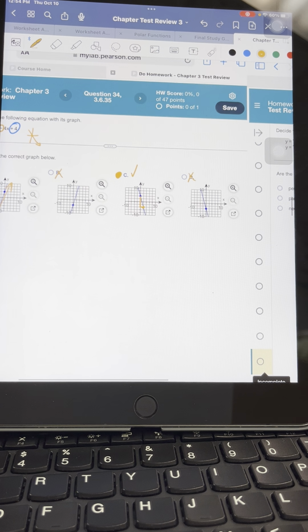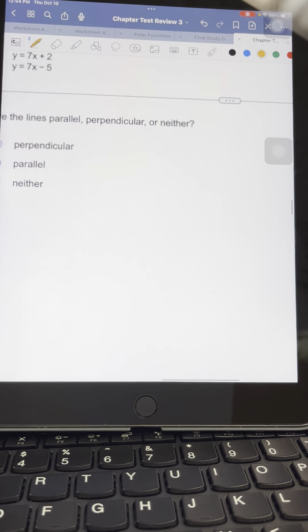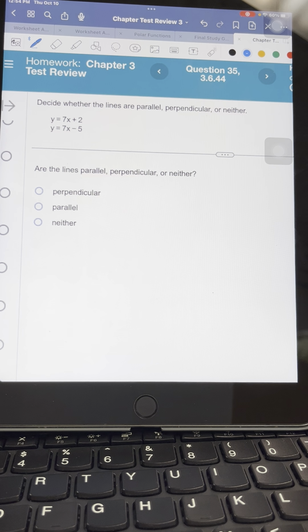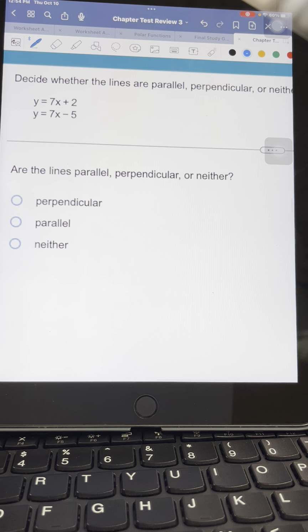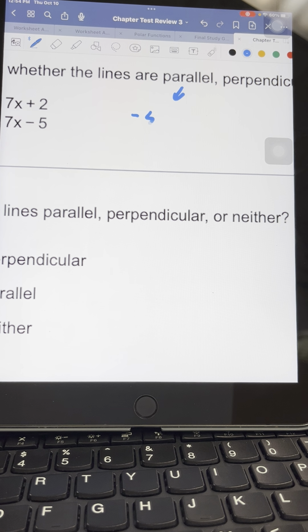Now, what about this? Decide whether the lines are parallel, perpendicular, or neither. Well, we know for it to be parallel, they must have two things. This writing's so thick. I don't like that.